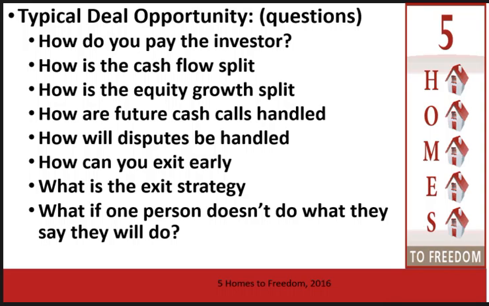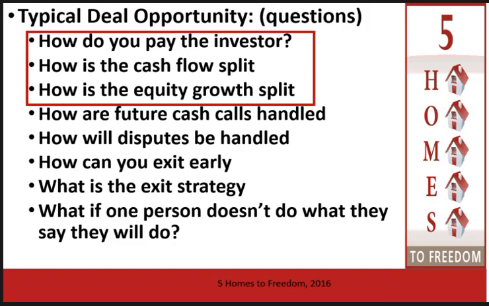How is that going to be handled? What if you have a disagreement? How are you going to handle that? What if one party wants to leave the deal early? What is the exit strategy? Do you even have one? What if one person doesn't do what they claimed they were going to do or promised they were going to do at the very beginning? Well, what we're going to do first is take a look at these top three and how to deal with these three.